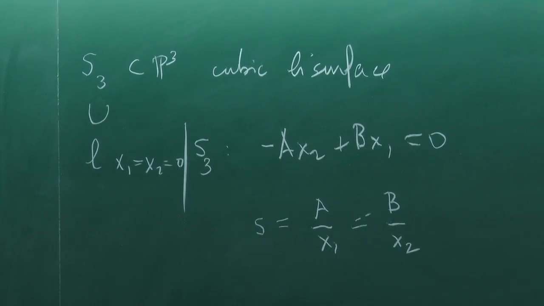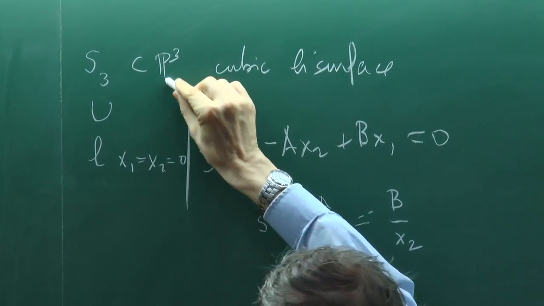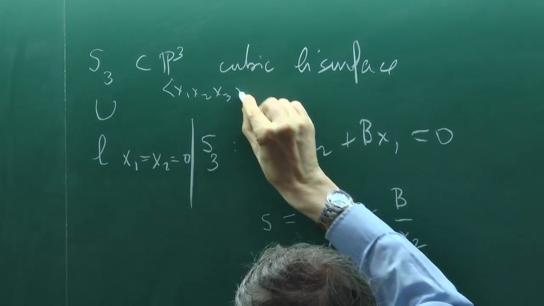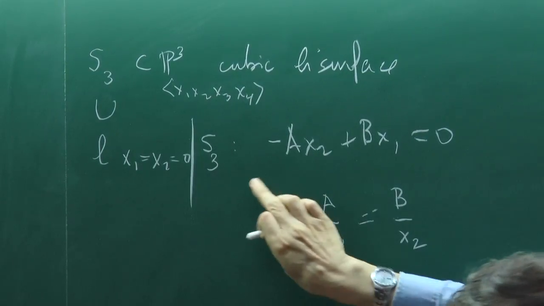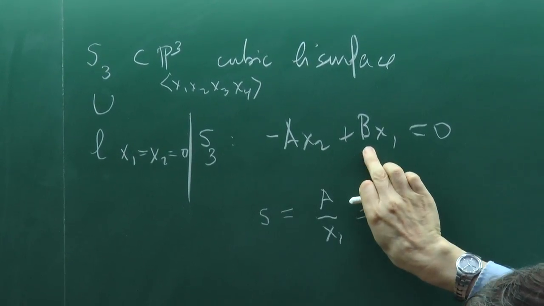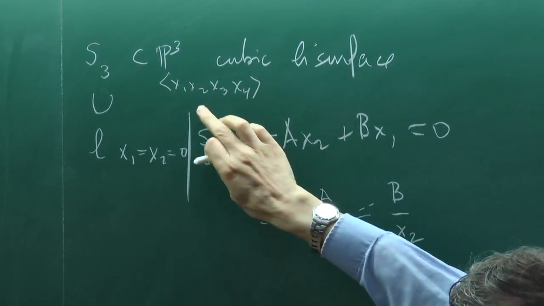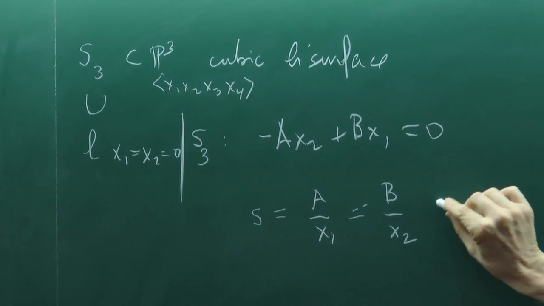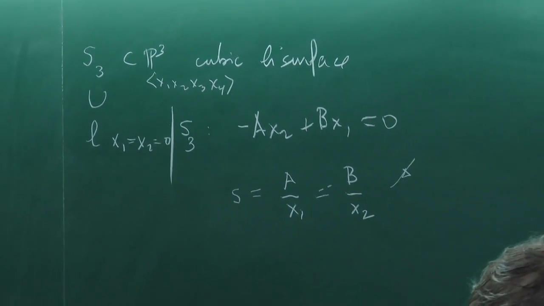This projective space has coordinates x1, x2, x3, x4. Because I said cubic, these a and b are quadratic in the x's. And so what is this thing?